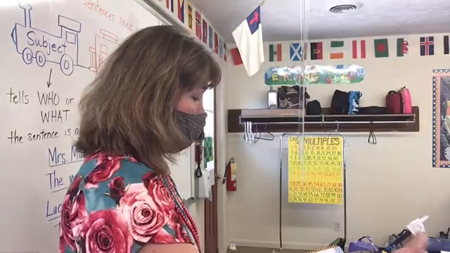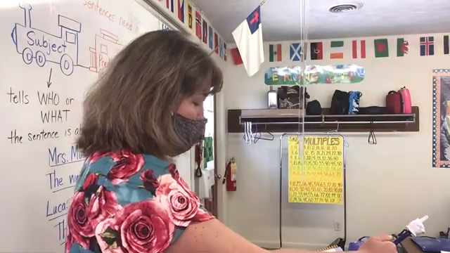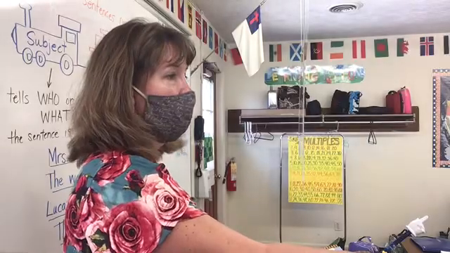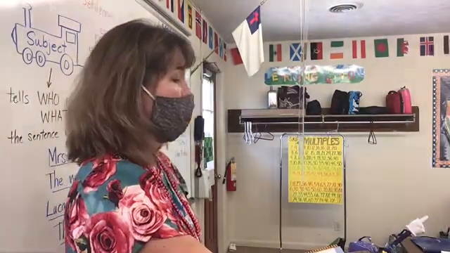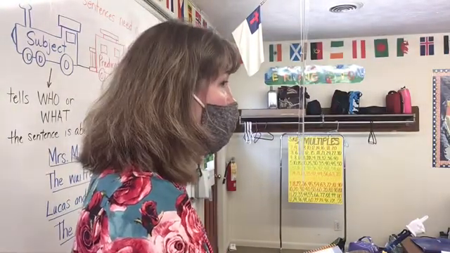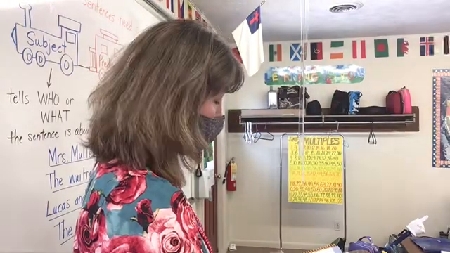Number 2, blank will unlock the door this evening. Number 3, blank found 10 colored pencils. So you can make up a subject. Yes, go ahead and write your subject for numbers 1 through 3.